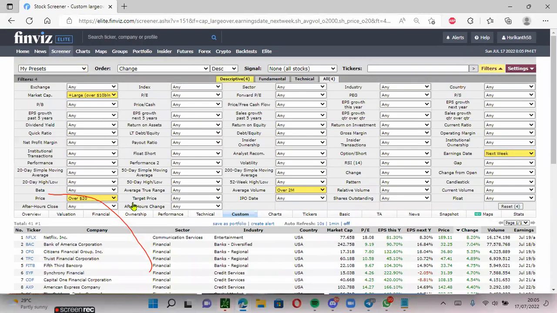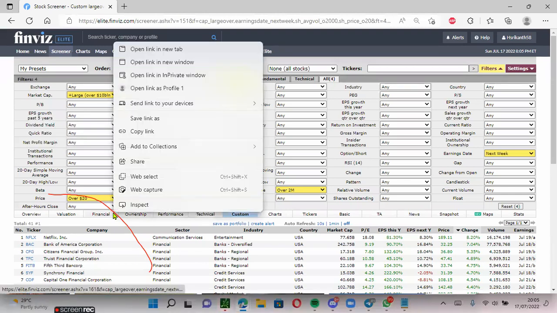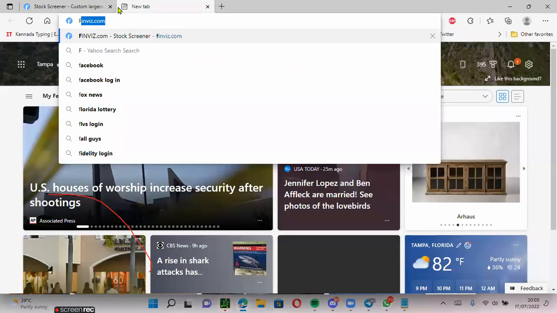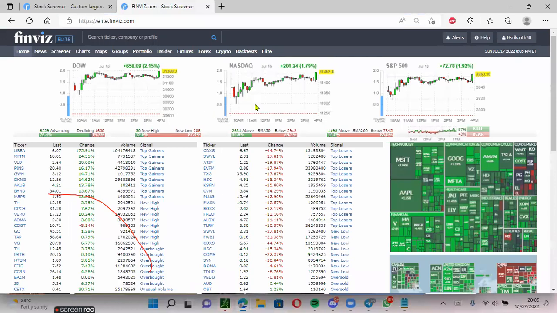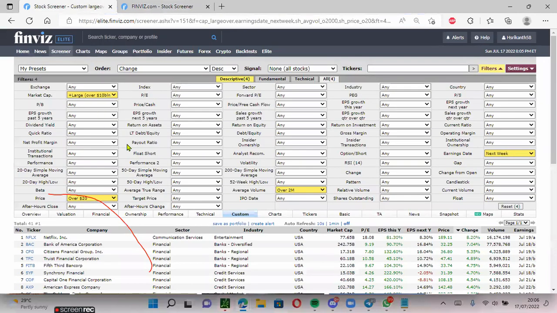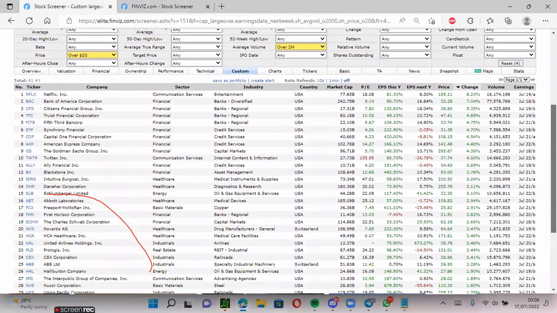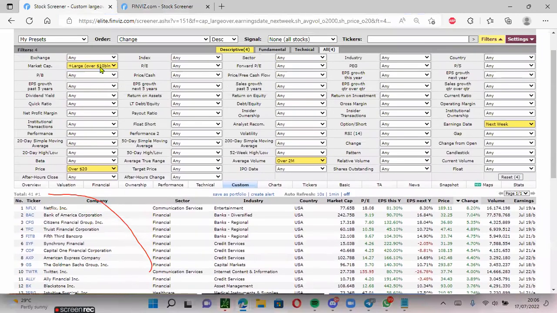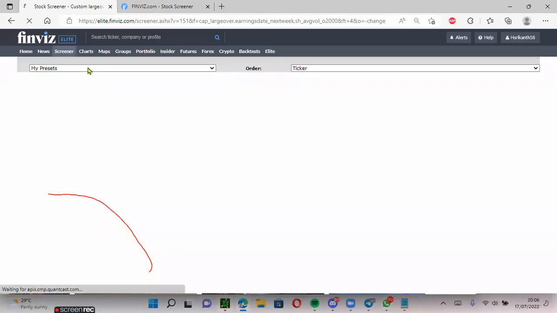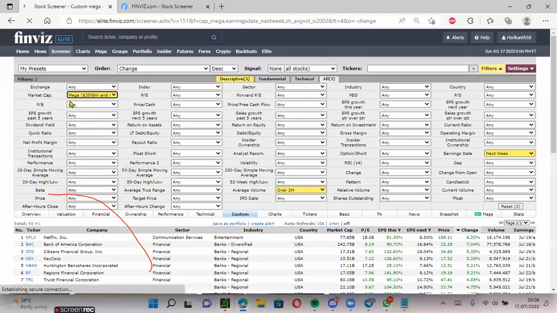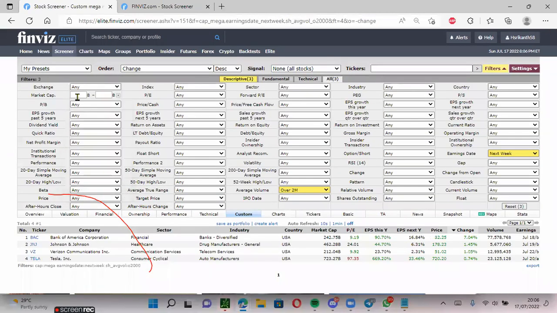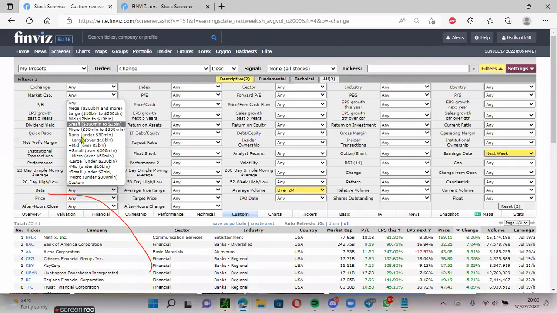I did a filter, and I want to do it only for companies with anything over 10 billion.